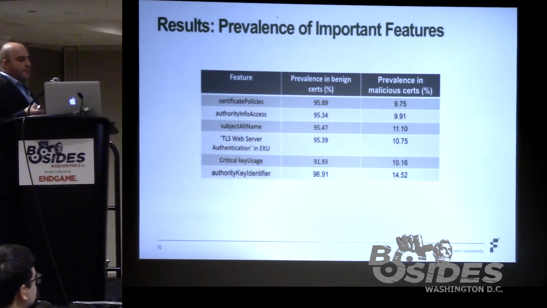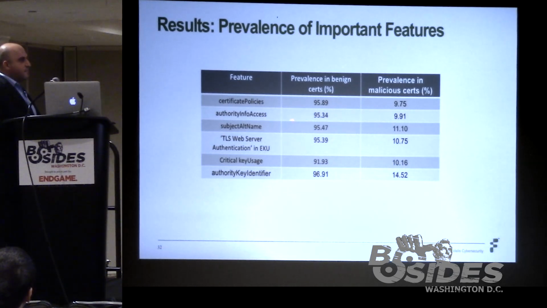Basically, the idea is to get some intuition as to what a malicious cert looks like, what to expect, and what a benign cert looks like. Certificate policies has the highest importance, and it turns out that this extension, certificate policies, is present in 95.89% of the benign certs, while it's present in only 9.75% of the malicious certs.